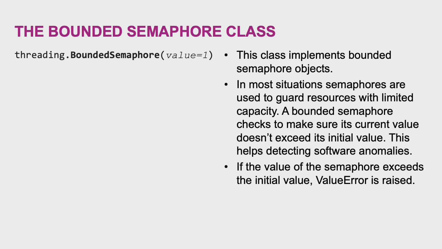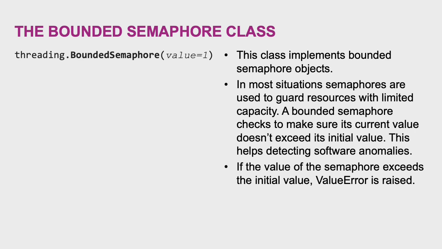So the bounded semaphore may help you guarantee that the number of threads that were expected to enter the critical section is never exceeded, and possibly this can help you spot software bugs and software anomalies.